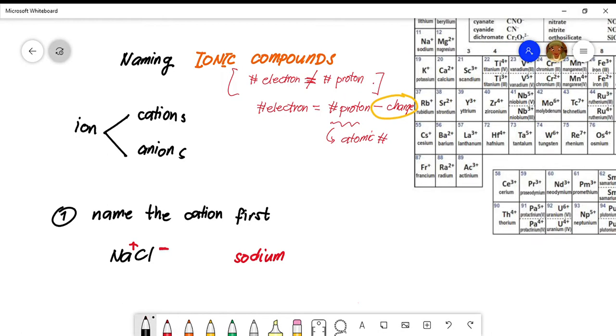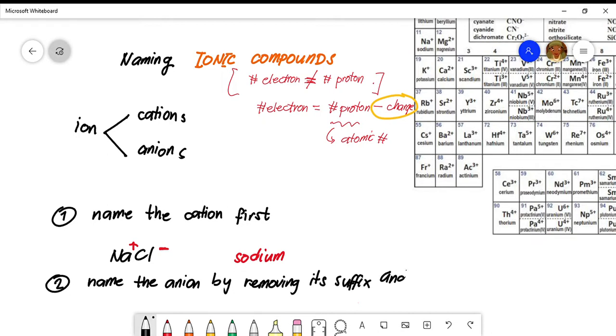So now we have the second step, which is to name the anion by removing its suffix and changing it to IDE.